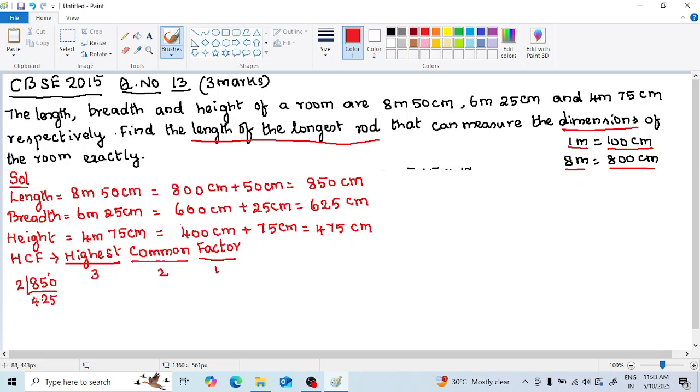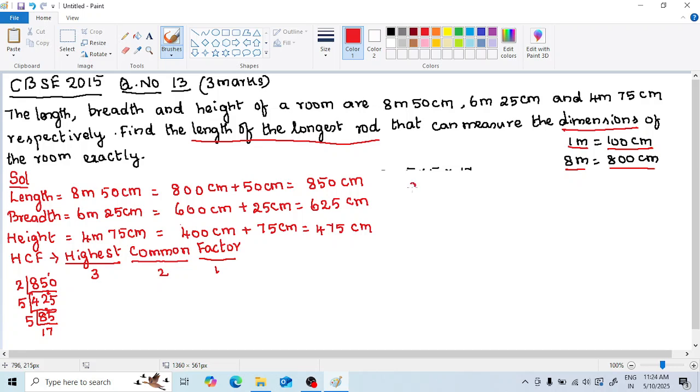The number is ending with 5, so it is divisible by 5. 8 fives are 40, the remaining is 2, so 25, so it is 85. 5 fives are 25. The number is ending with 5, again it is divisible by 5, so 7 fives are 35.